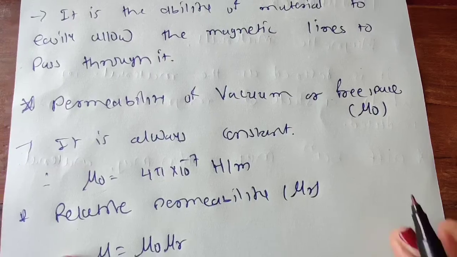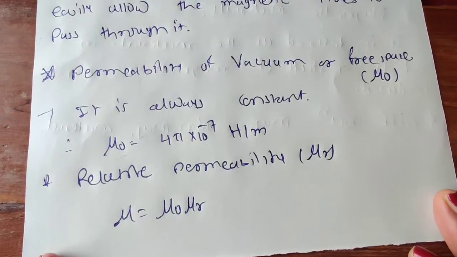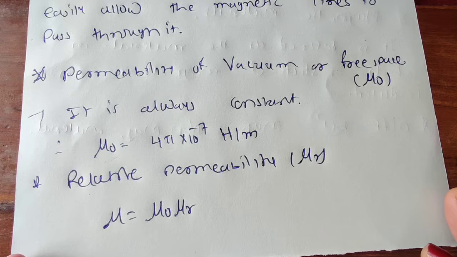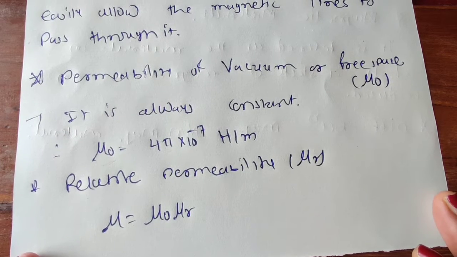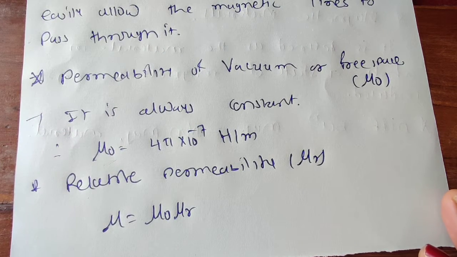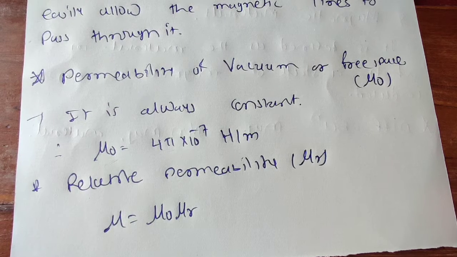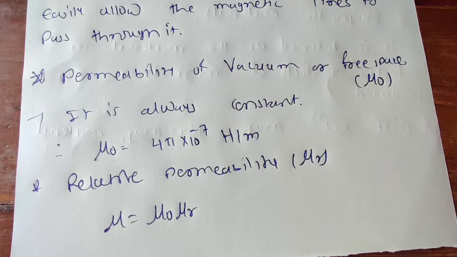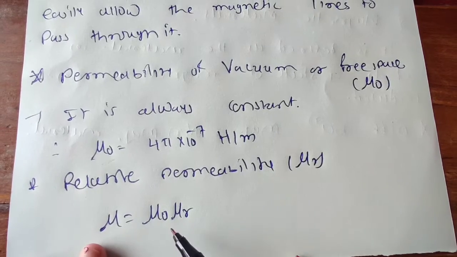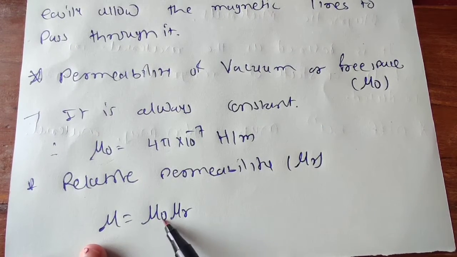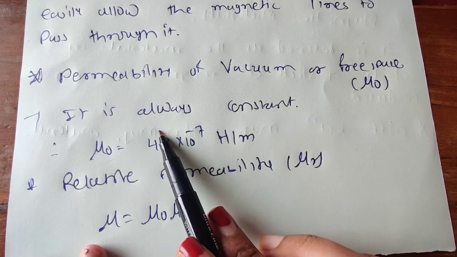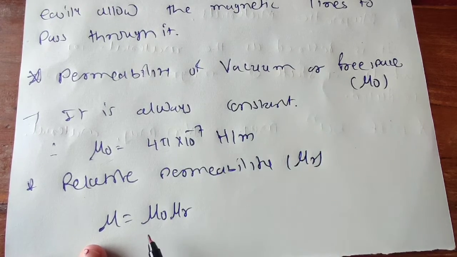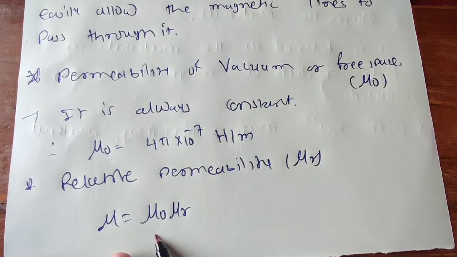Now the second term you need to consider is relative permeability. The relation between relative permeability and the permeability of a material is mu equals mu 0 into mu r. Mu 0 is the permeability of a vacuum or free space, or you can say absolute permeability.